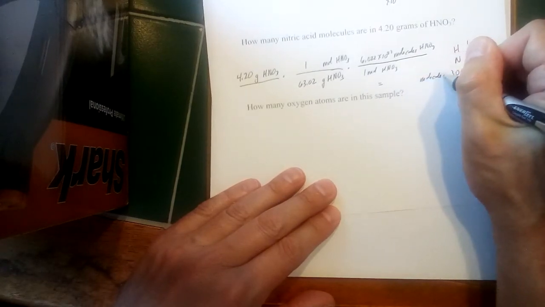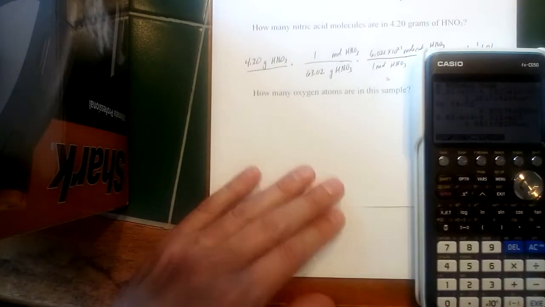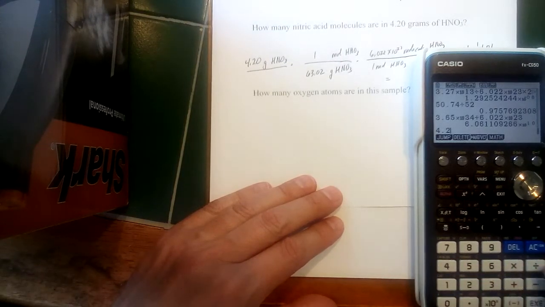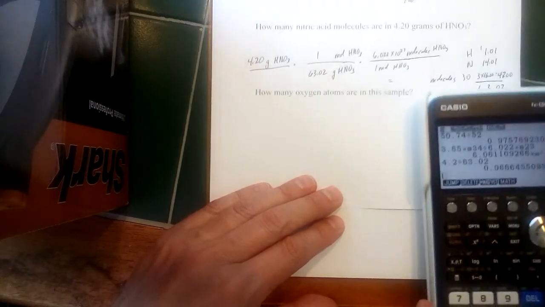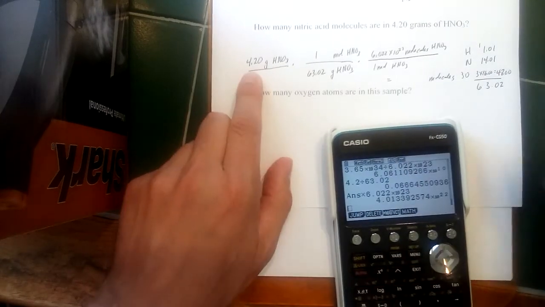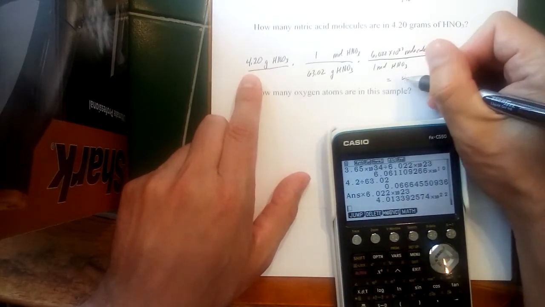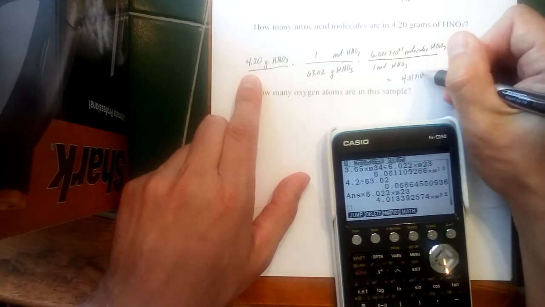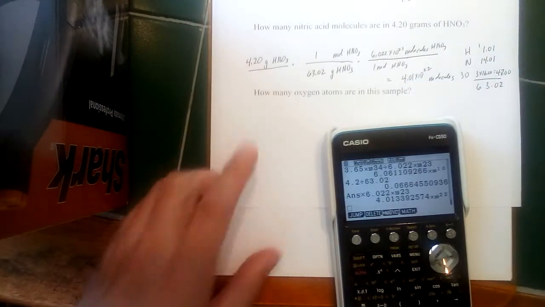How many molecules are in this sample? So 4.2 divided by 63.02, and then times 6.022 times 10 to the 23rd, and 3 sig figs back here from my data, that would be 4.01 times 10 to the 22nd power molecules.